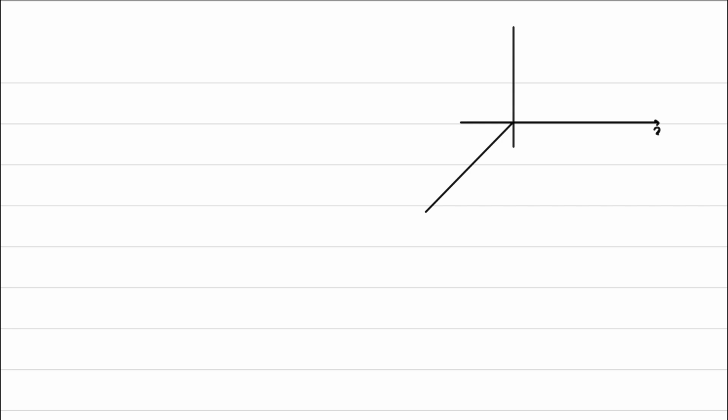X axis, Y axis, Z axis, and here it is X dash, Y dash, Z dash. Here we will remove this. Extensions are not required for understanding. This is the point O, let us say 0, 0, 0, whatever it may be.